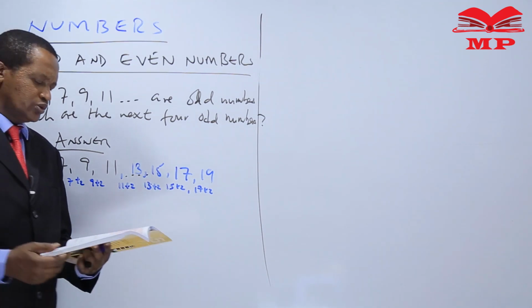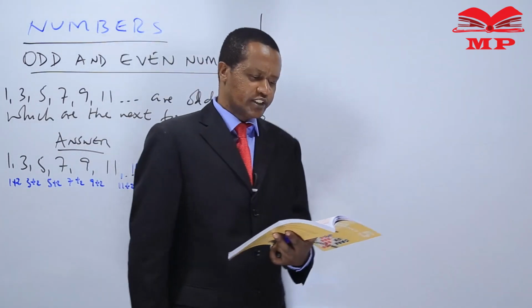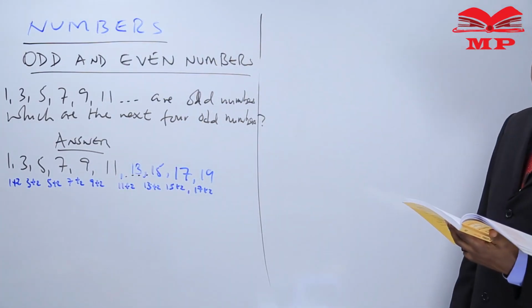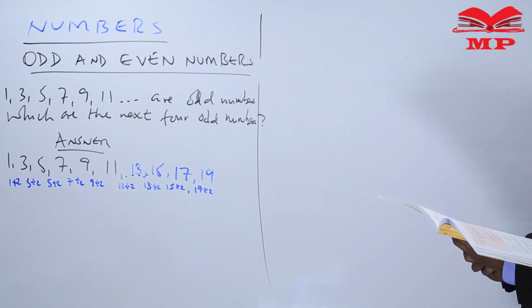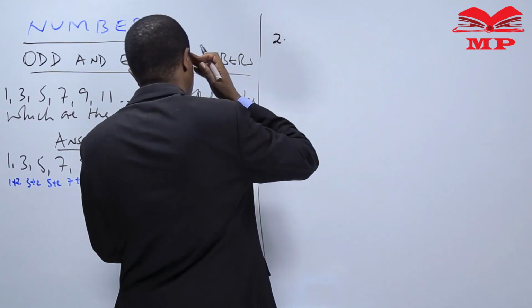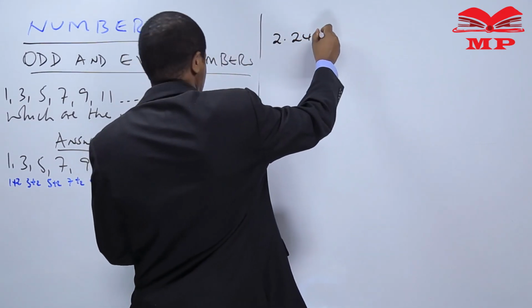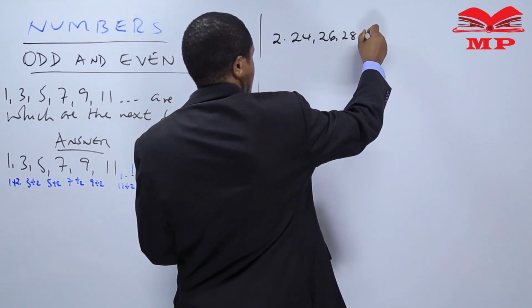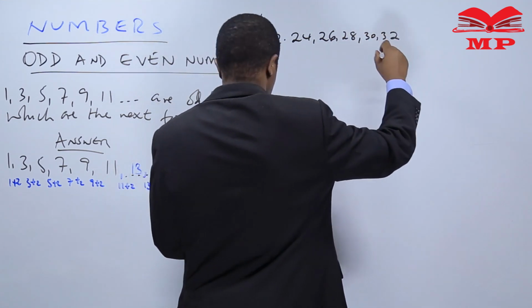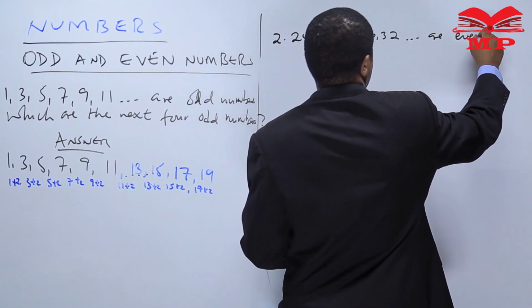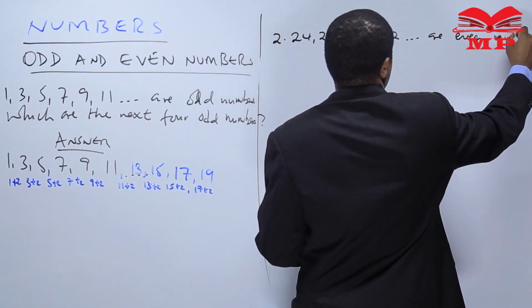Learners, question 2, let me read it. 24, 26, 28, 30, 32 are even numbers. Let me write it here. Question number 2 says 24, 26, 28, 30, 32 are even numbers.